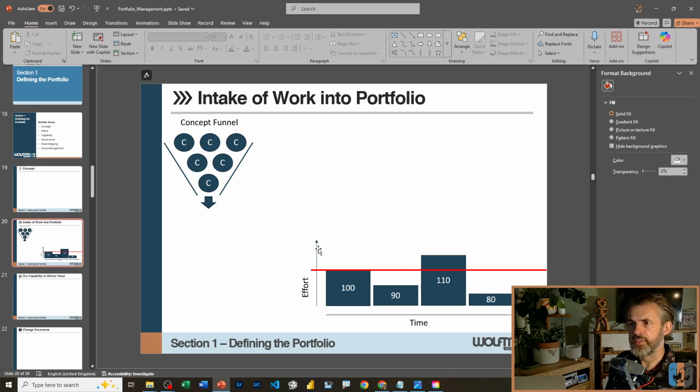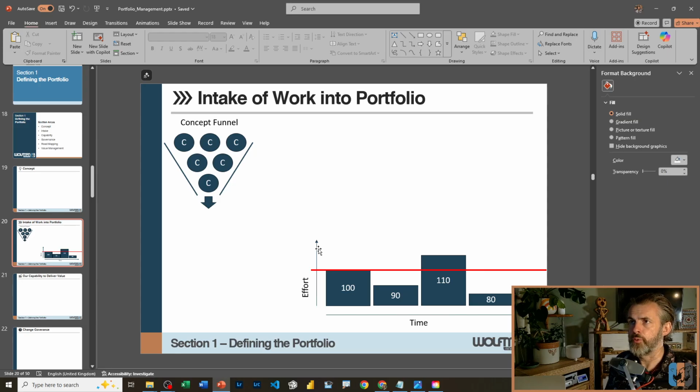But if it's not adding the value that perhaps another item could deliver, have we misallocated resources? Have we allocated resources to the wrong thing? Did we miss something?